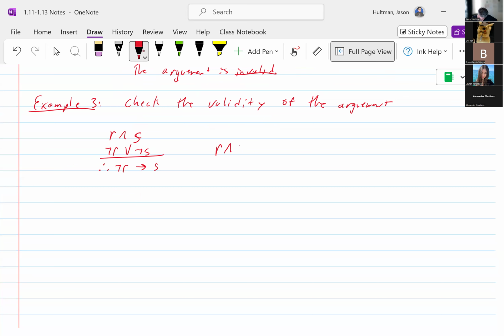R and S combined with not R or not S. Okay, and they're saying that that implies not R goes to S.